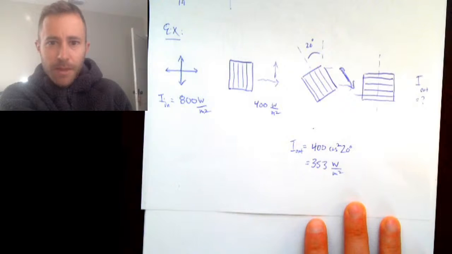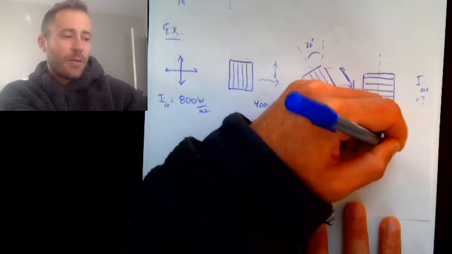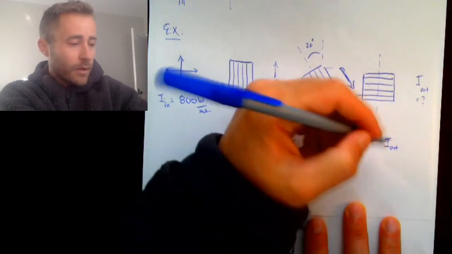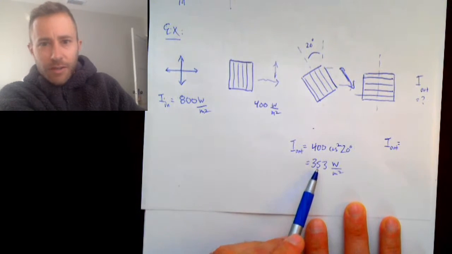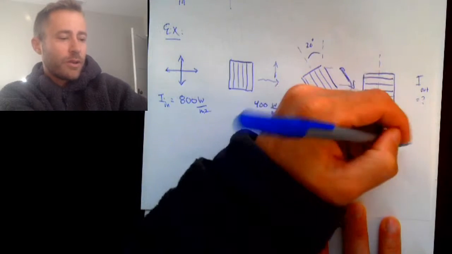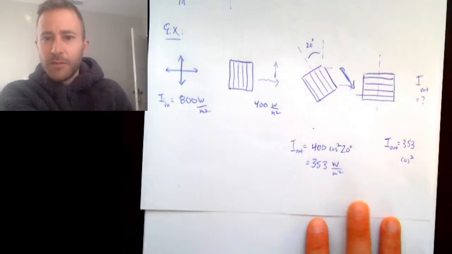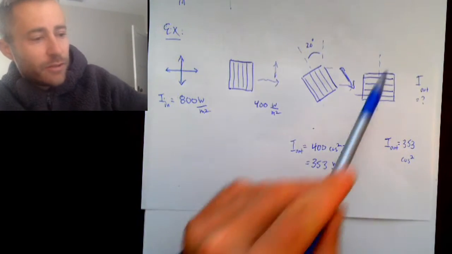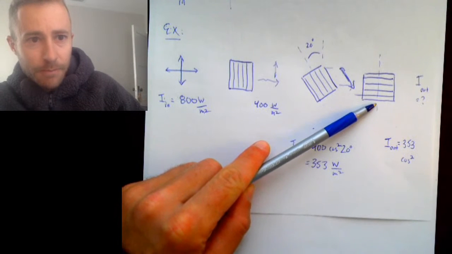All right. So now to find the final output, I'm going to use Malus's Law again, but I'm going to use this input intensity, so 353, times cosine squared of, now here's the tricky part. This filter is rotated 90 degrees to up and down.